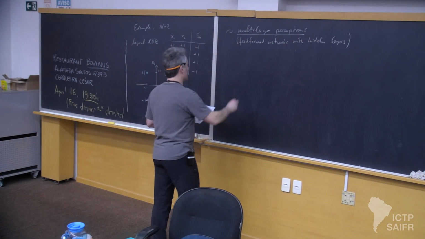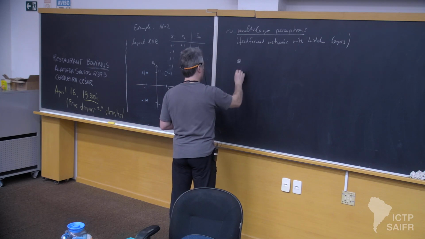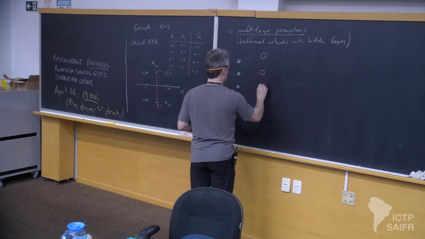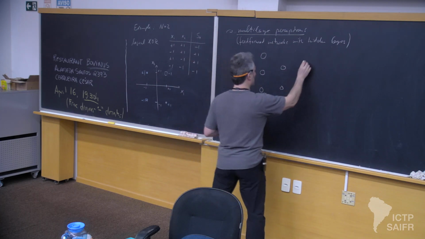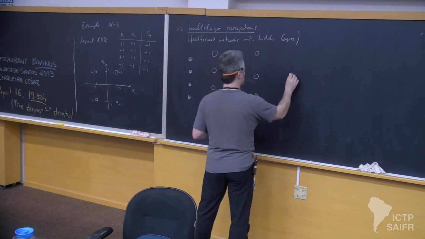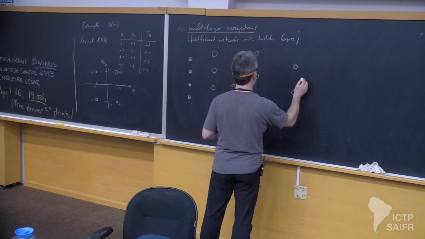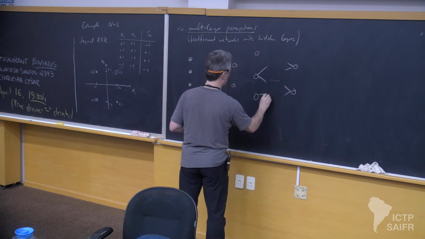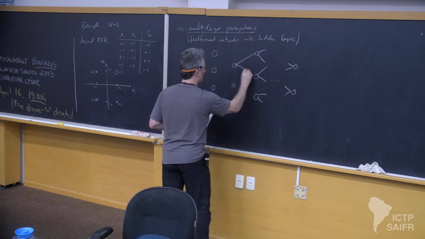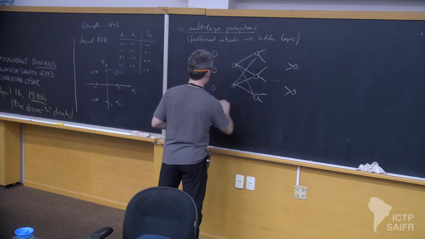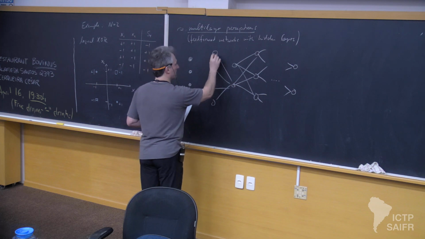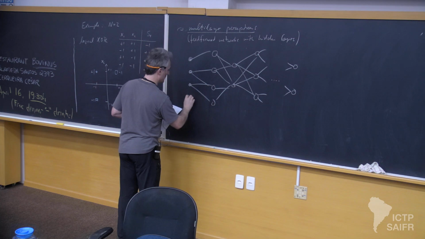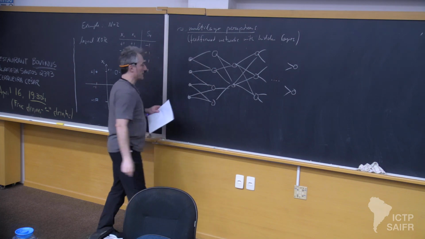So we had already sketched them. You have an input layer here and inputs, and then you can have, in principle, arbitrary many hidden layers, and at some point you have an output, maybe 1, maybe 2. It continues here. Something like that.